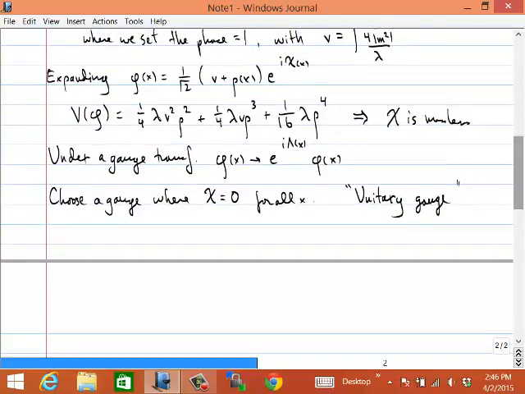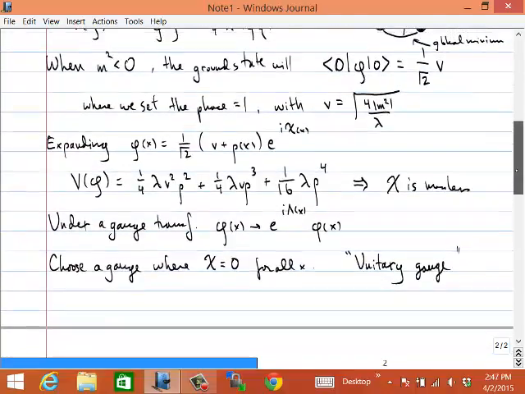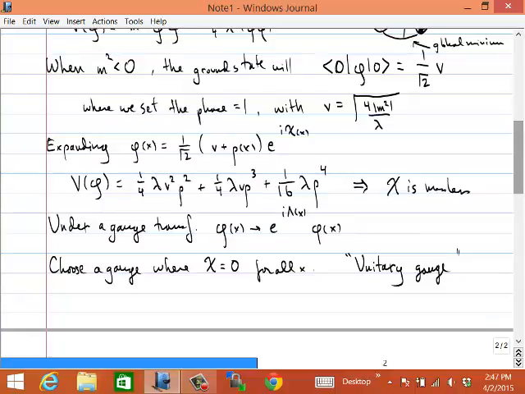And the question you might then be asking yourself is that by making this gauge choice, we appear to have removed a degree of freedom from the theory. So where does that degree of freedom go?